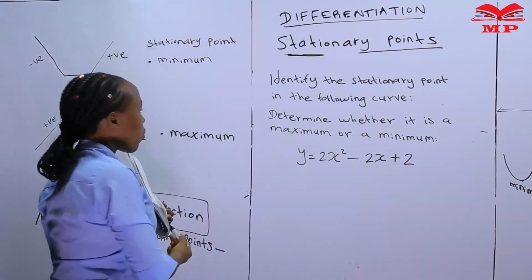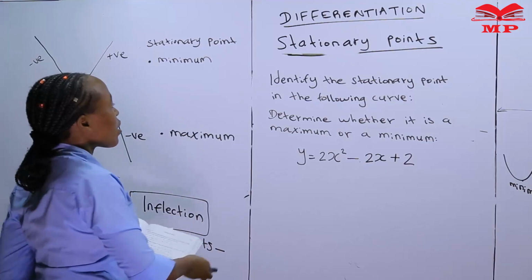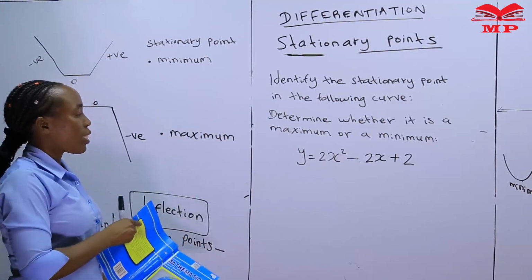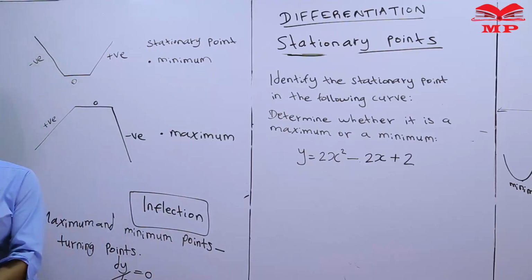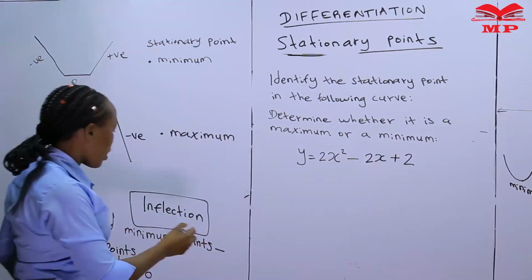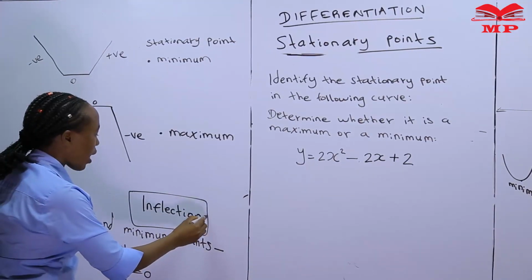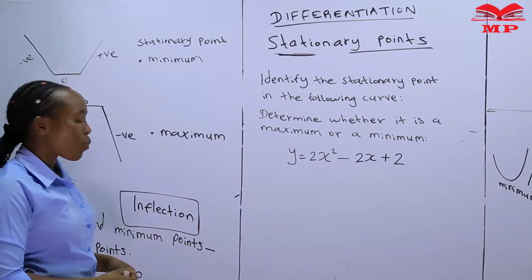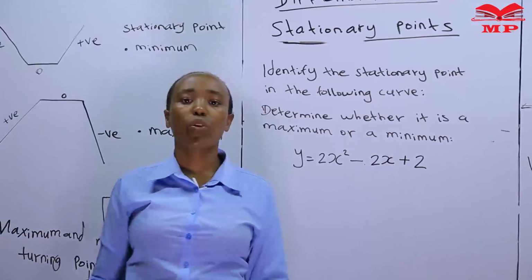So after identifying the stationary point, you determine whether it is a maximum or a minimum. So that in the next lesson we look at the other type of stationary point, which we refer to as a point of inflection.